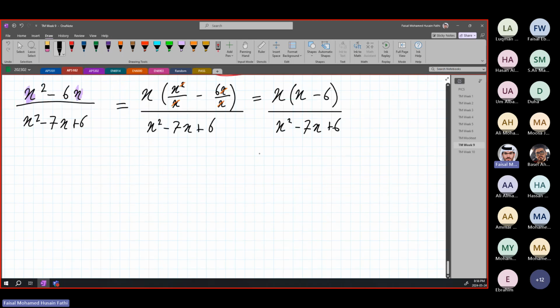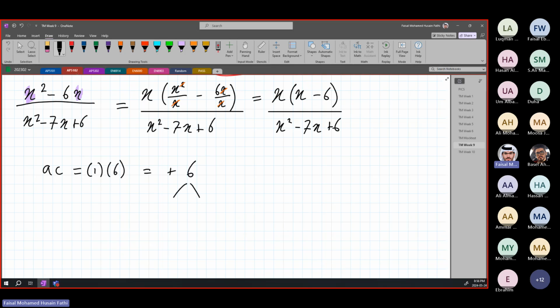Again, factorizing the bottom, you can use the mode 5.3 if you like, but I'll do it the way I usually do it. Our AC is equal to 6, 1 times 6, which is just equal to plus 6. The factors of plus 6 are 1 and 6, 2 and 3. Now our B value is minus 7. Which two values will give me minus 7?